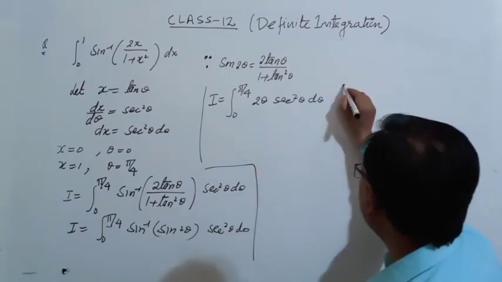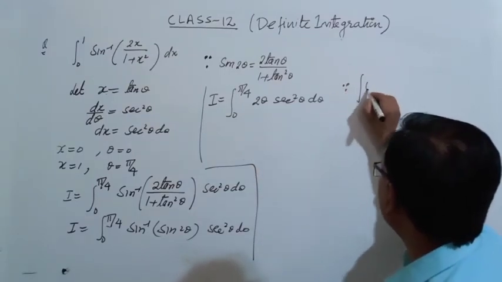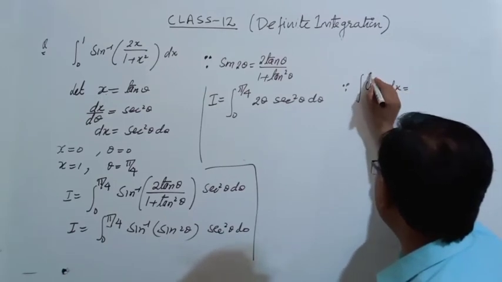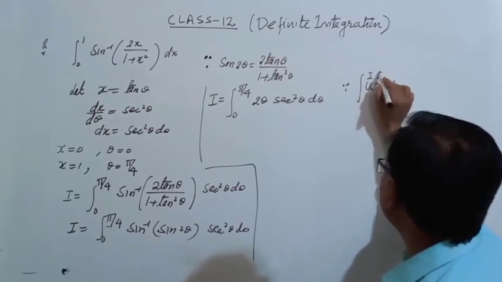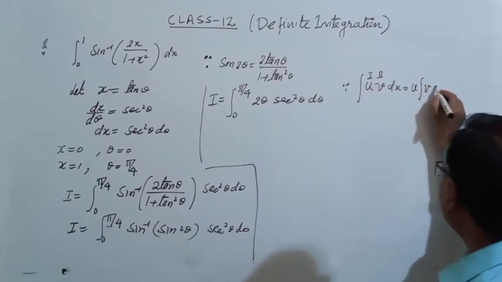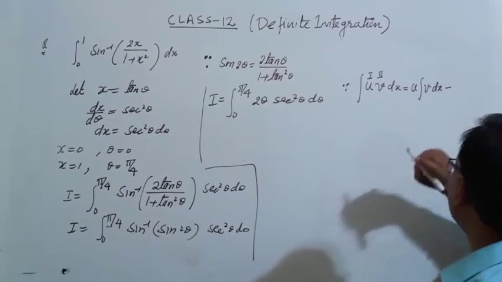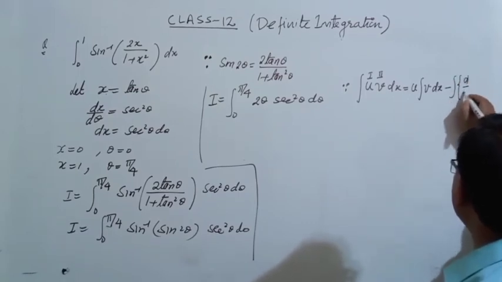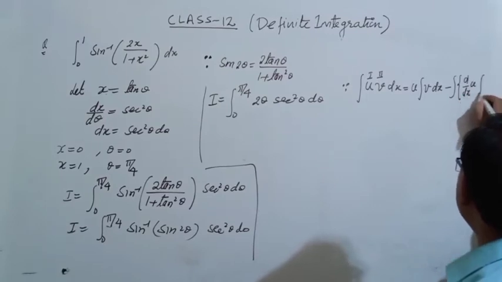So here we use the rule of integration by parts. So this is your first function and this is your second function. So we write the first function as it is and integrate the second function, minus, apply the negative sign, the integration of the differentiation of the first function and the integration of the second function, then this is dx.